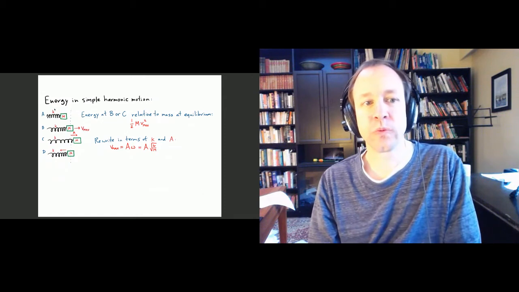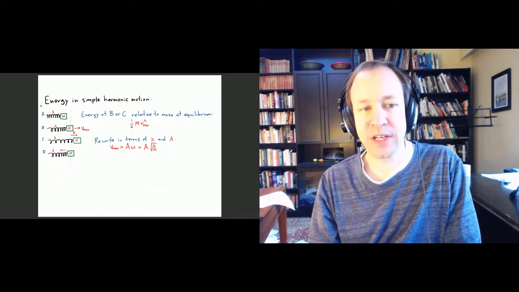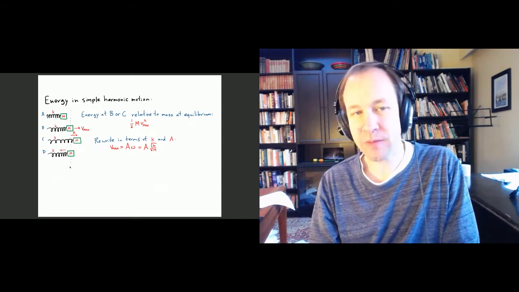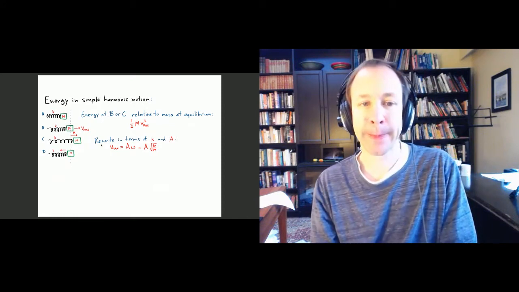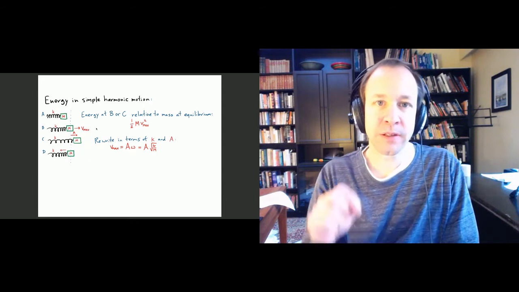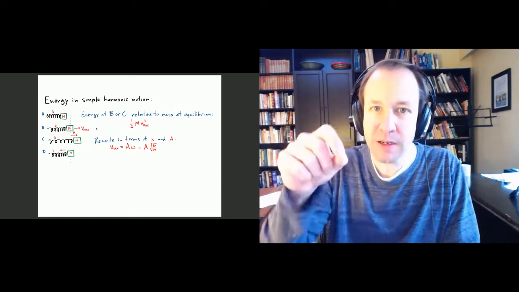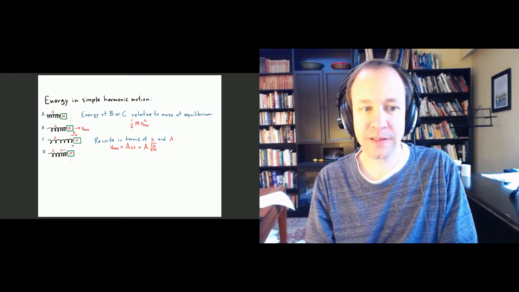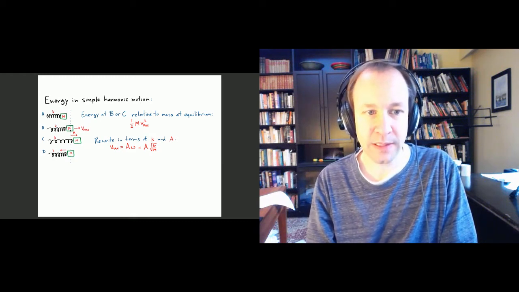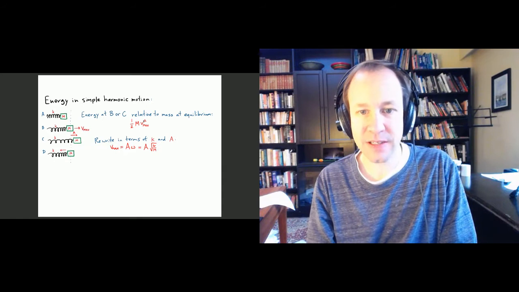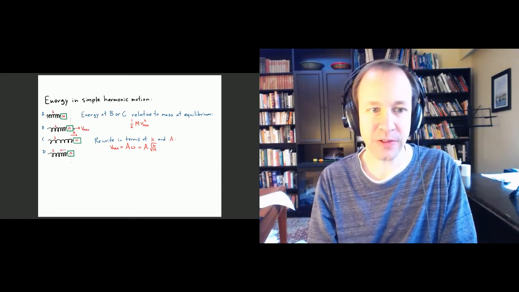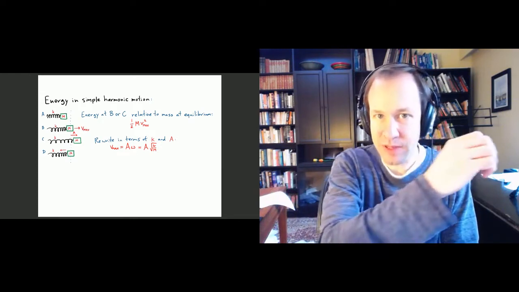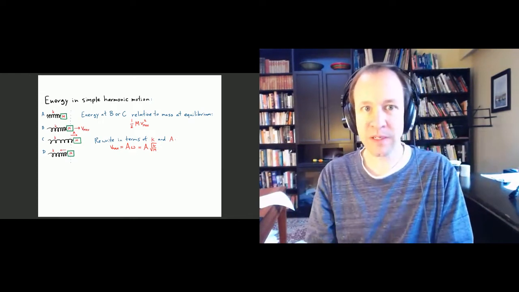So we'll think about a general oscillating system. I've drawn a spring system here, but it could be something else. And the thing that I want to start out by noticing is that there are these specific locations where the kinetic energy is maximized. Okay, those are the places where you have the largest velocity, and we know that that's the place where the mass goes through the equilibrium position.